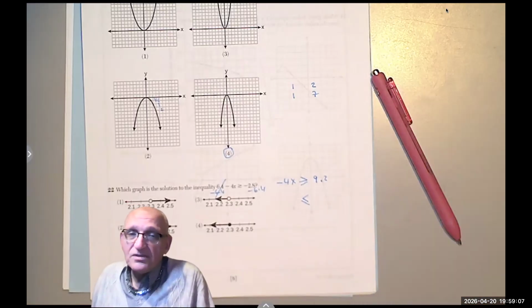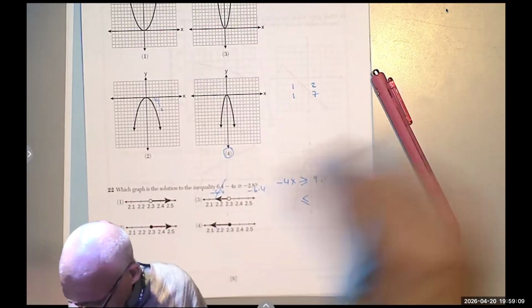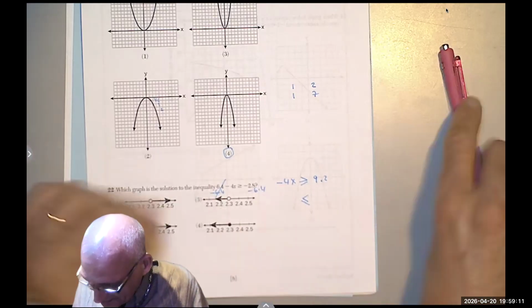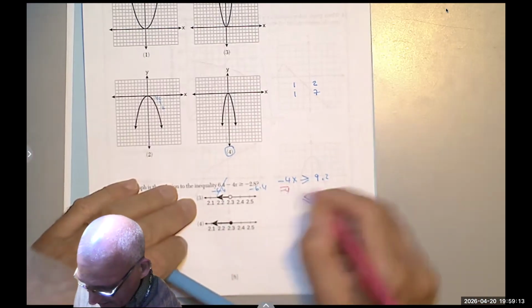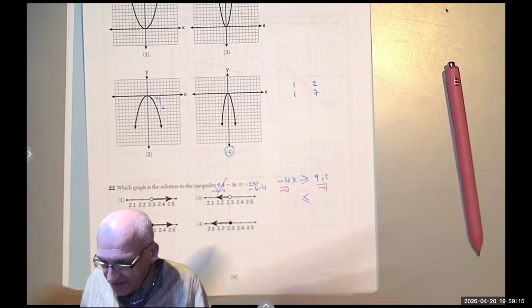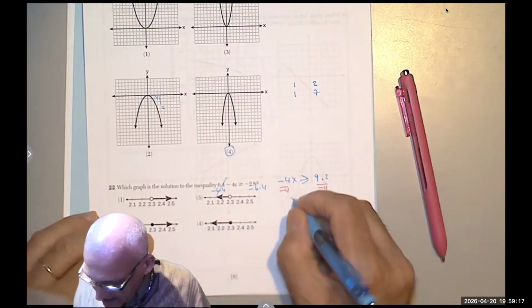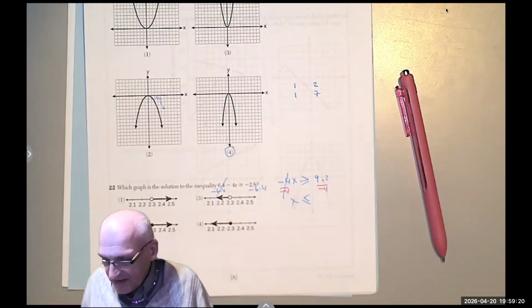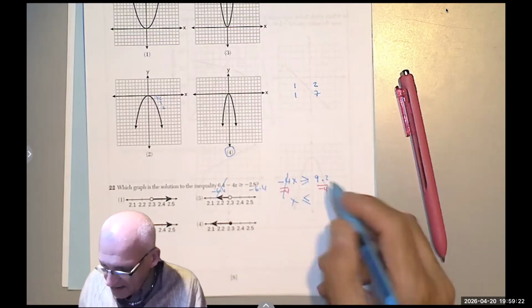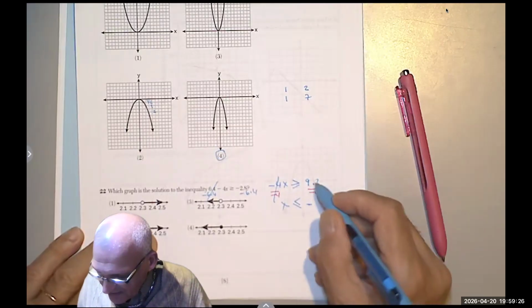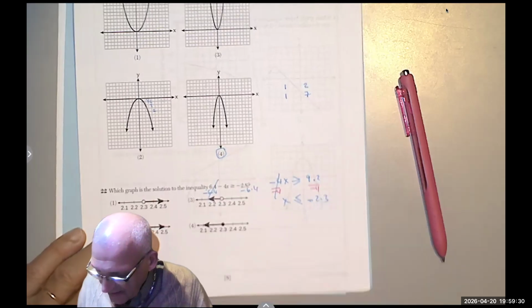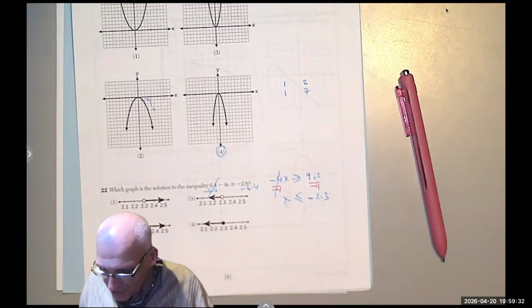Excuse me, I have a cold. So I'm going to divide by -4 and at the same time change the direction of the inequality. This would be negative, of course, because positive over negative. And if you divide this, half of that is 4.6 and half of that is 2.3. x is less than or equal to 2.3.